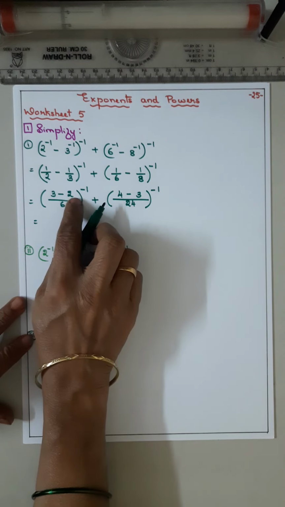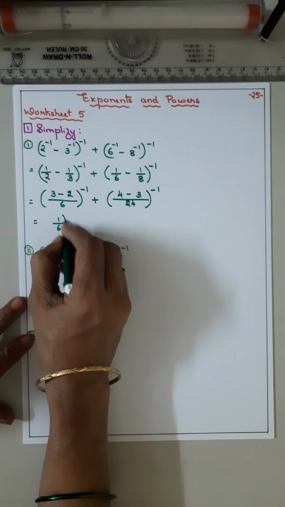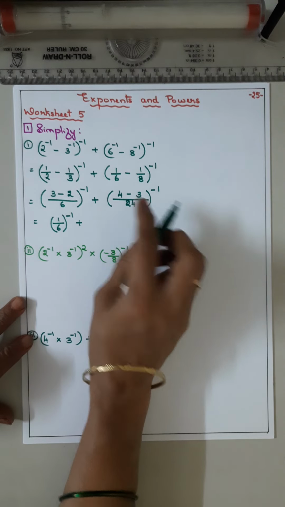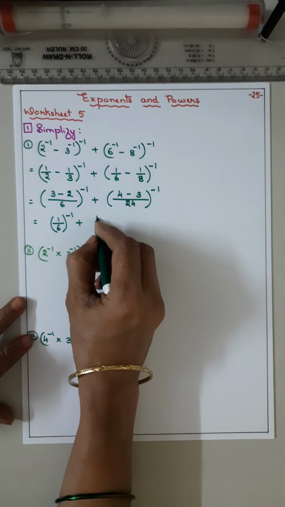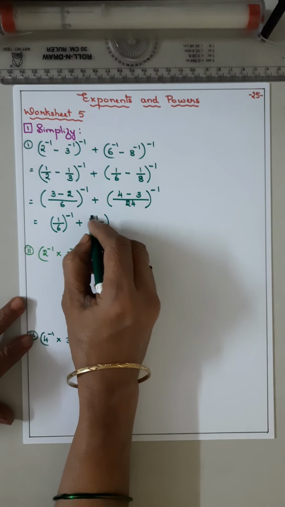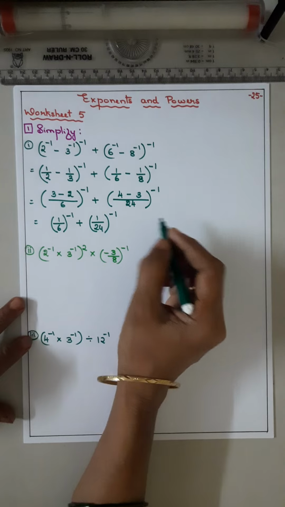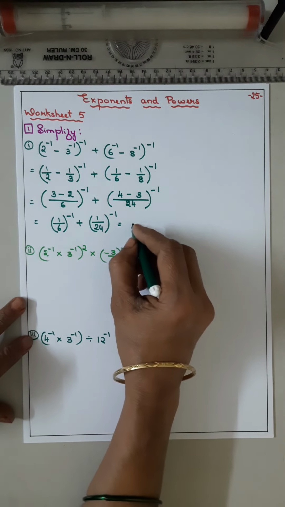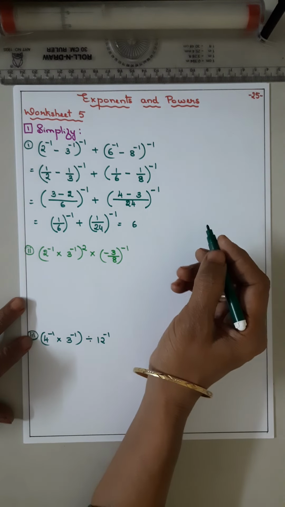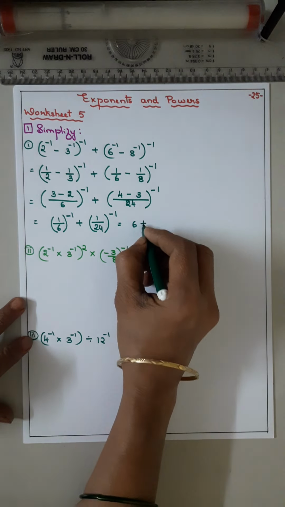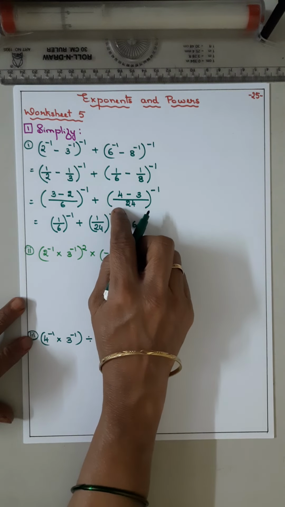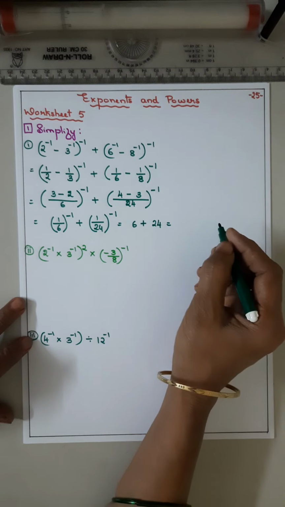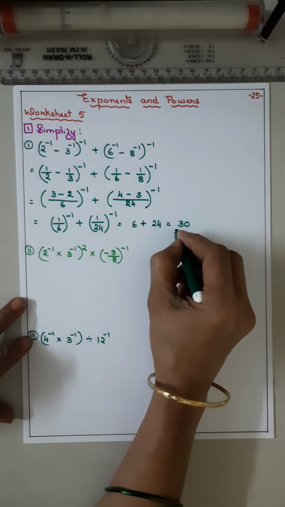Now it became 3 minus 2 is 1 by 6, the whole raised to minus 1, plus this became 1 by 24, the whole raised to minus 1. अभी फिर से नेगेटिव पावर है तो 1 by 6 बनेगा 6 to the power 1, नहीं लिखेंगे power 1, plus 1 by 24 to the whole raised to minus 1 becomes 24. So 6 plus 24 is 30.